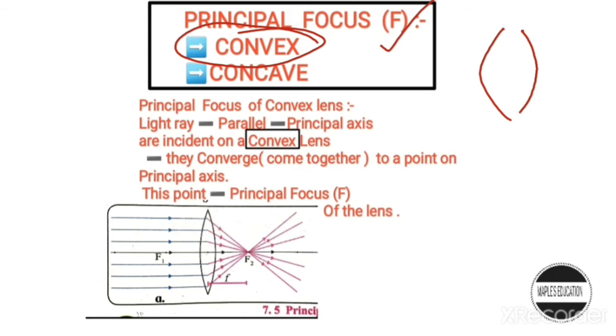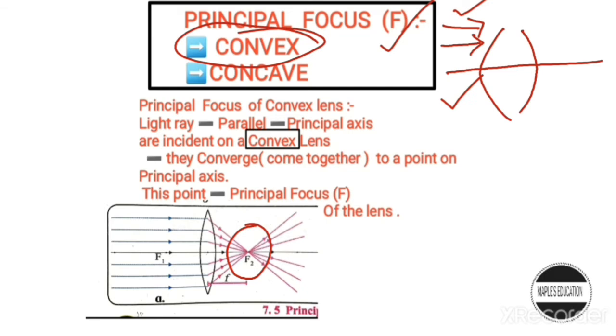Whenever a light ray is parallel to my principal axis, so if I draw the principal axis here, and draw light rays over here somewhere like this, you can see my light rays are parallel to my principal axis. Now what happens when these light rays fall on my convex lens? After falling on the convex lens, they come and meet at a single point. You can see in the diagram. In short, I can say they converge.